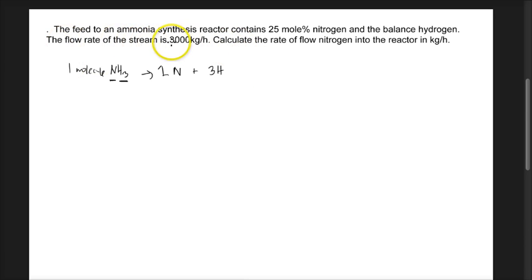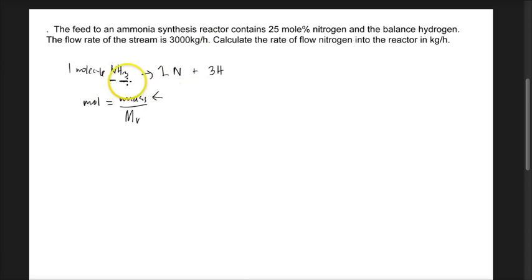So the flow rate of the stream is 3000 kilogram per hour, which means the flow rate of the ammonia, sorry. So let's say mole, the formula is mass over molecular weight. So we were given the mass, and we need to find the molecular weight in order to find the mole of ammonia into the stream.